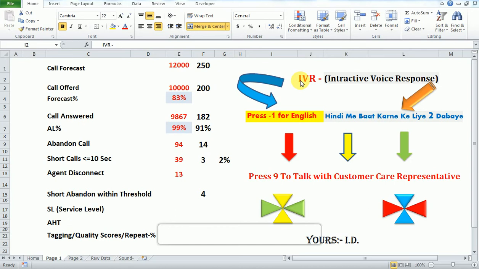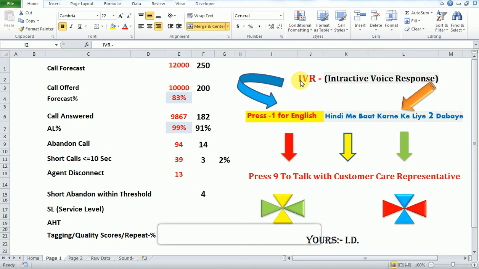Once you try to get more information, they connect your call to their call center executive. So what is IVR? IVR means interactive voice response. It's an automated computer-generated voice response which acts according to your queries and gives responses and solutions.